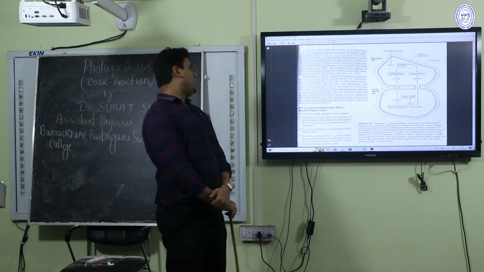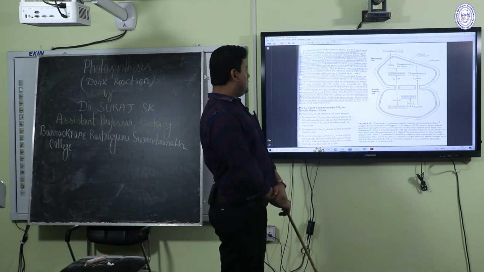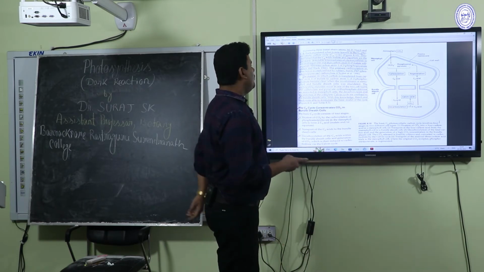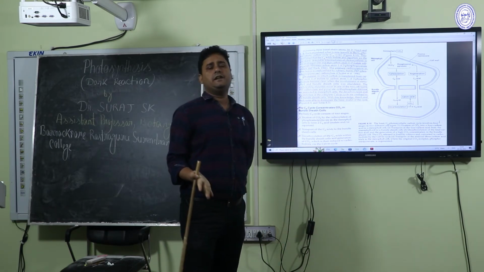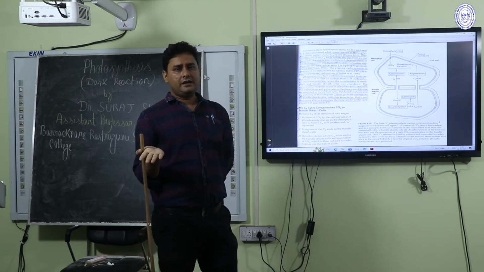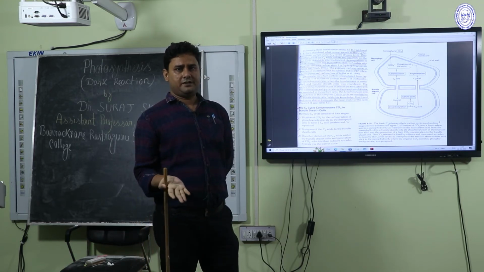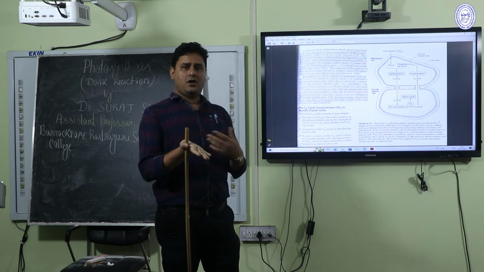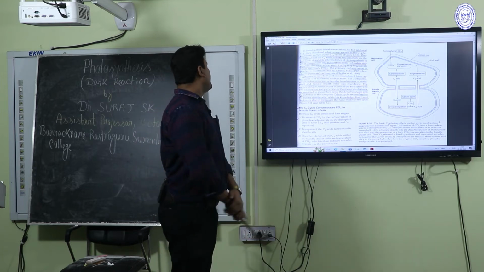So actually this is one difference between C3 and C4 plants in the anatomy of the leaf.